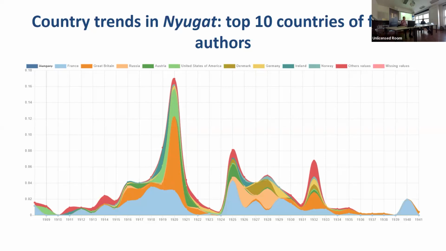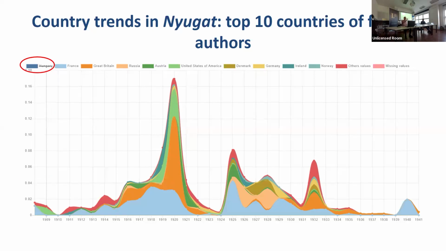You can also observe a peak in the second half of the 1920s. And we need to, of course, contextualize and explain these translation patterns in Nyugat.